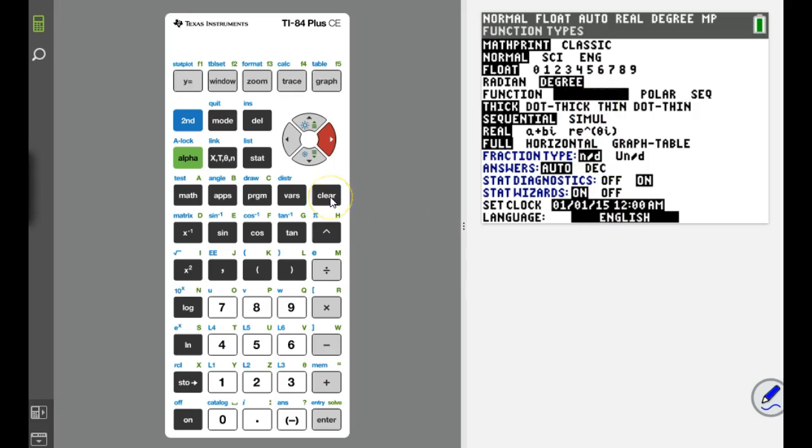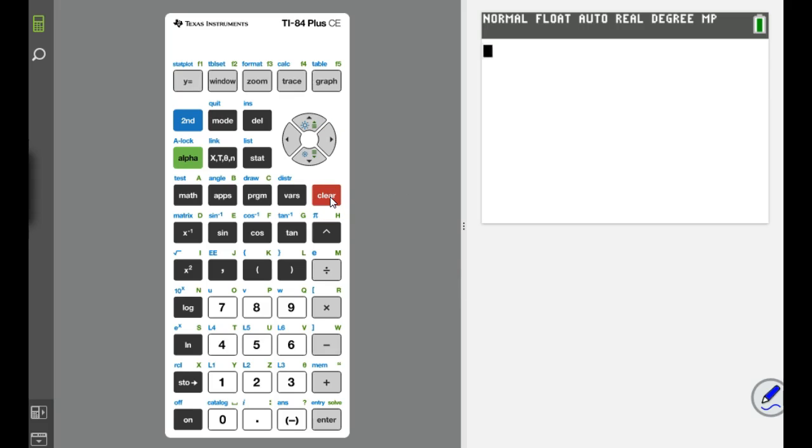All right, then you're just going to hit clear. Now, before I go any further, does everybody see this button has X and then T and then theta and then N? And you've never figured out why all that garbage is on there. Each one has to do with the mode. When it's in function mode, you get an X with that key.